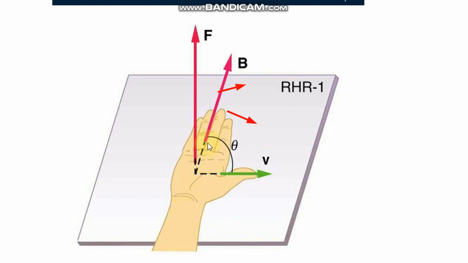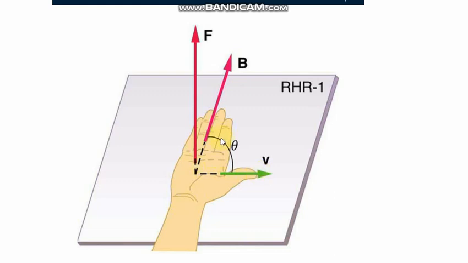The fingers are stretched in the direction of, let me first remove the arrows. Okay, so now the fingers are stretched in the direction of the magnetic field B. The thumb is stretched in the direction of motion of the charged particle.